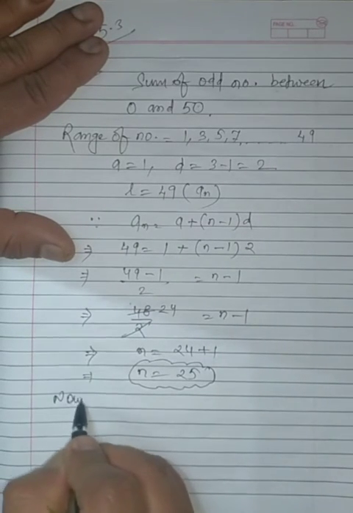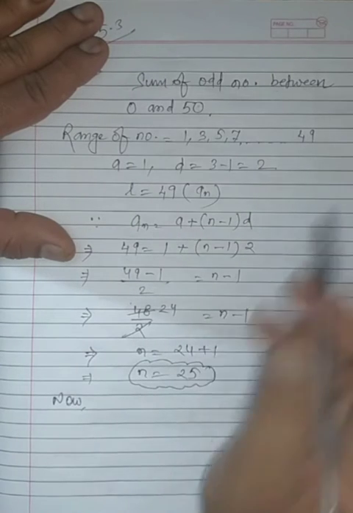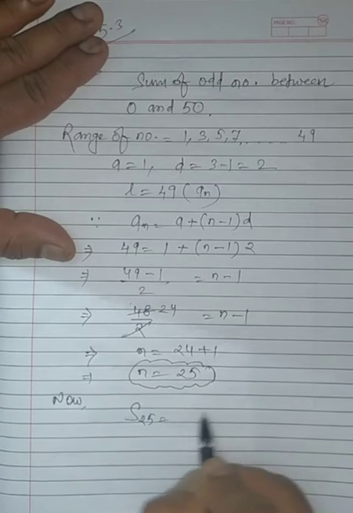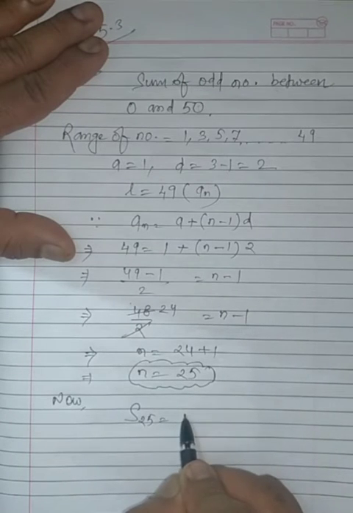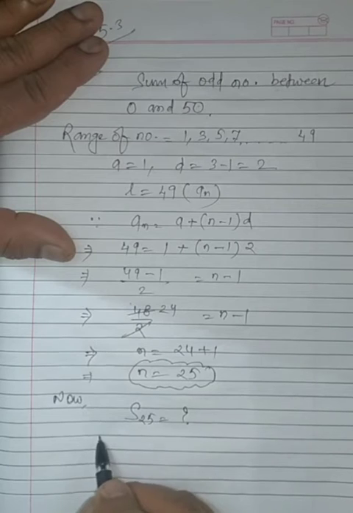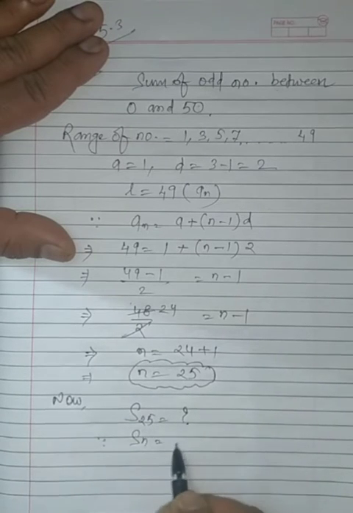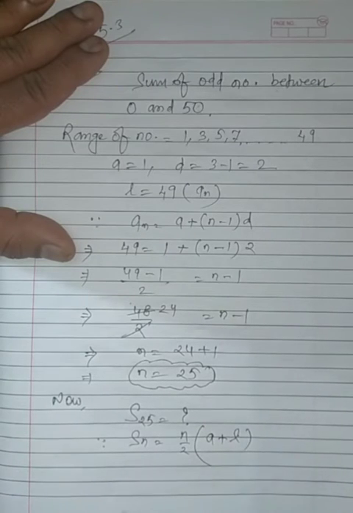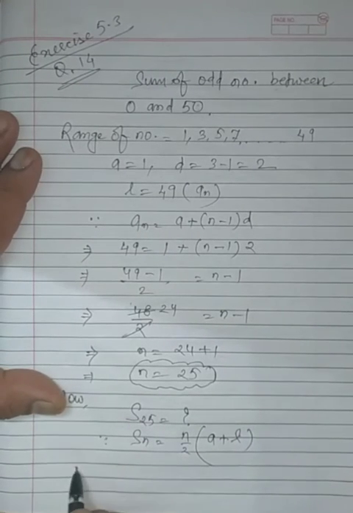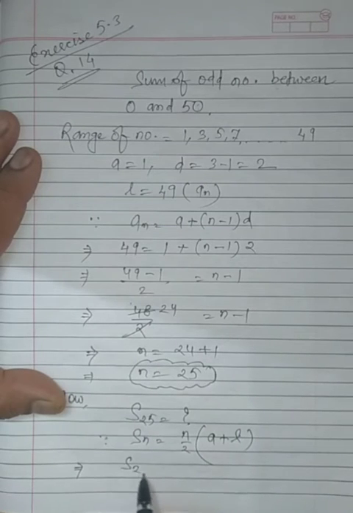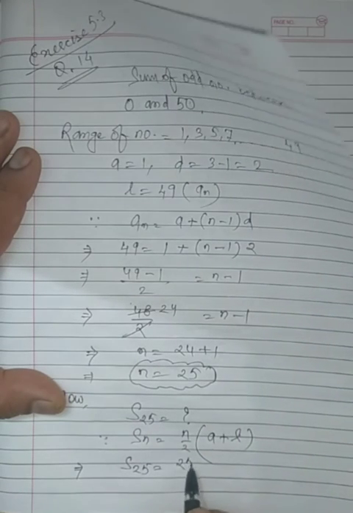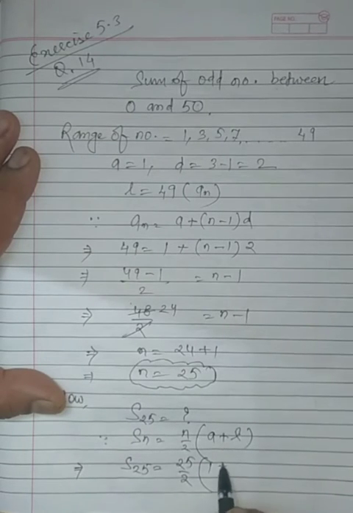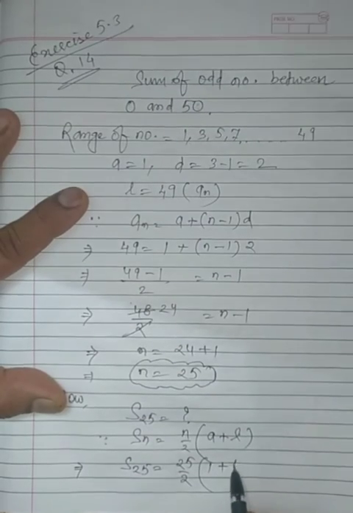Now, we have to find the sum of this, and N equal to 25. That means S25 will be equal to, we have to find out. Since we know that Sn equal to N by 2 into A plus L or A plus AN, the direct formula can be used. So S25 is equal to 25 upon 2 into A, which is 1, plus L, which is 49.